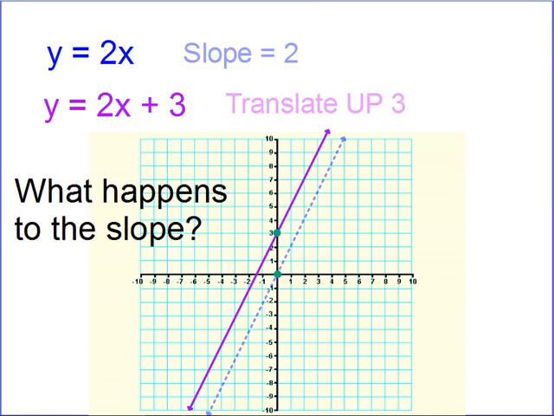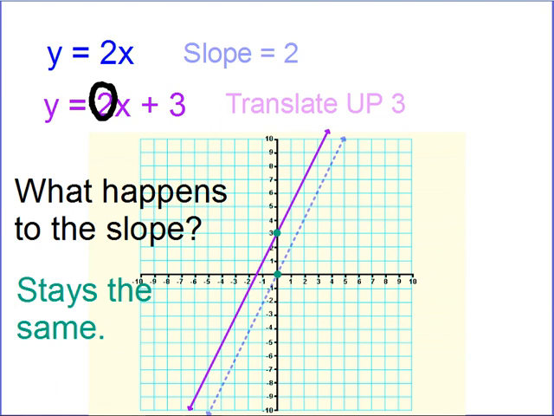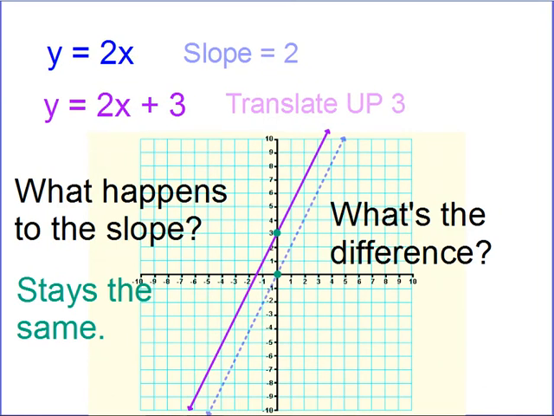What happens to our slope in my new line? It's still the exact same slope. Our slope is still 2, the number in front of the x. What's the difference in the two lines then?